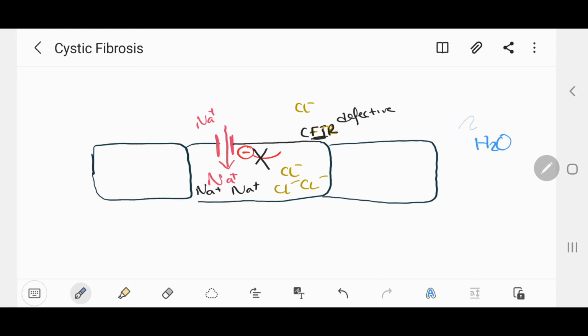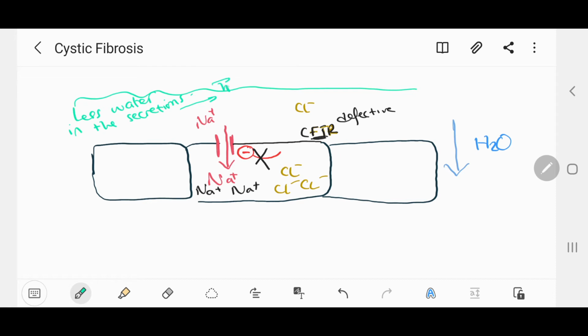This affects the water balance, and water is not drawn out of cells and it stays in. So this affects the secretions coming out of these cells. So we have less water in these secretions, which makes them thicker. The thickening of these secretions is the hallmark of cystic fibrosis.